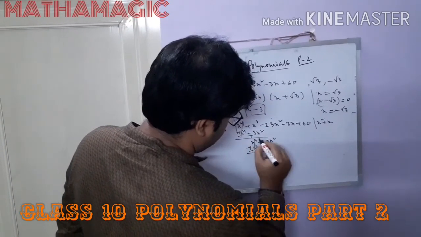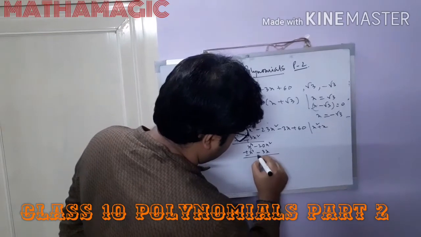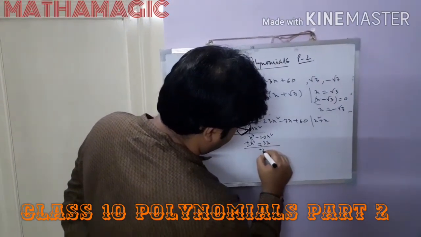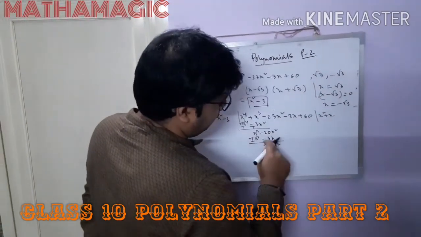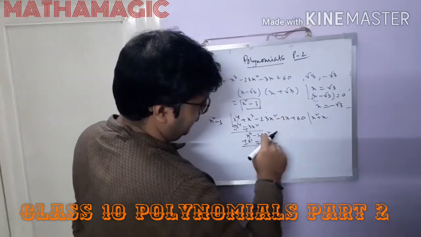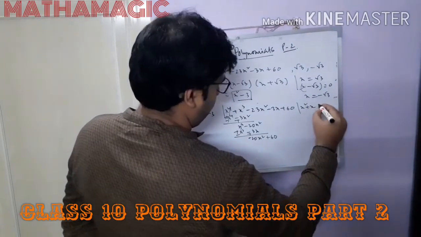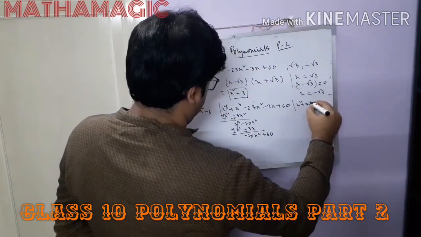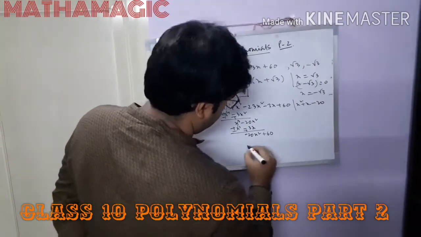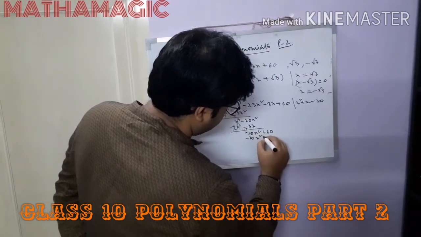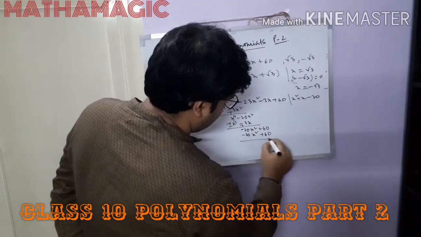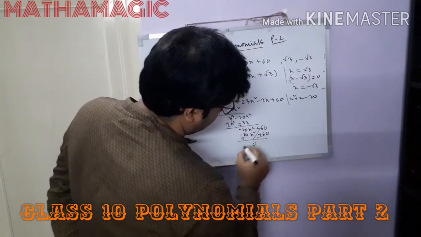So it gets cancelled, and it will be plus. So minus 20x square. Now plus 3x minus 3x gets cancelled. So we'll take this plus 60, and if we put minus 20, it will be minus 20x square plus 60, which gets cancelled.